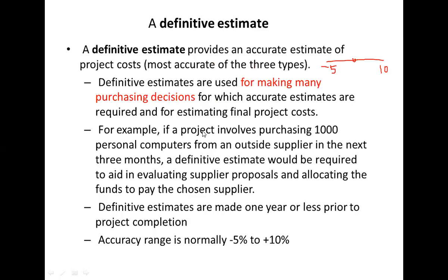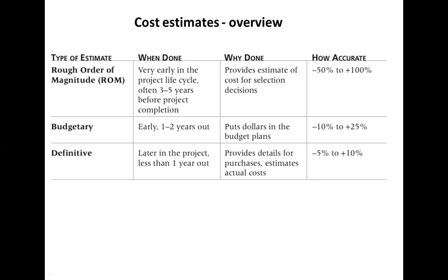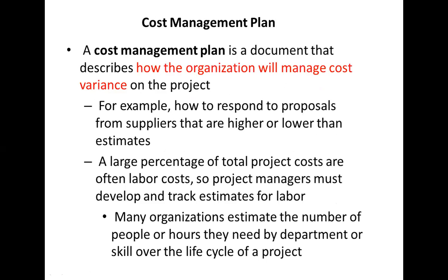So that's about cost estimation, which is the first process. The cost management plan is also one of the outputs of this process. So what's a cost management plan? It's a document that would describe how the organization will manage cost variance on the project. Okay.